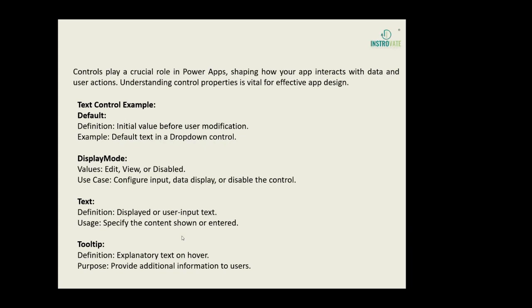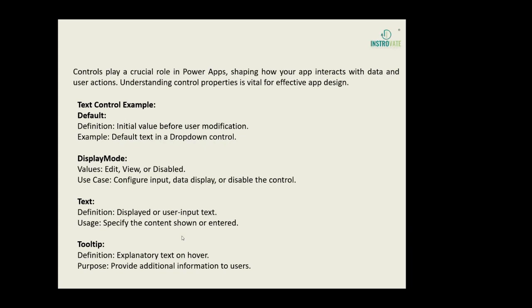For example, I have added one button on my screen, and I do not want it to show as Button. I want to show the button name as Push. So I will change the Text property of that button, remove the text, and simply enter Push. After saving, it will show the button name as Push.